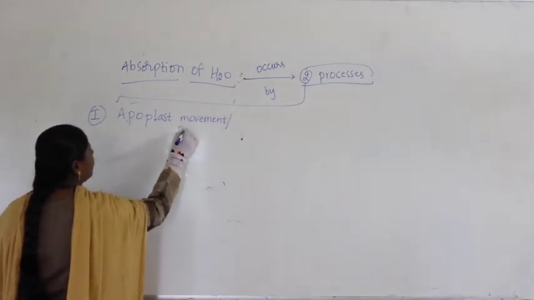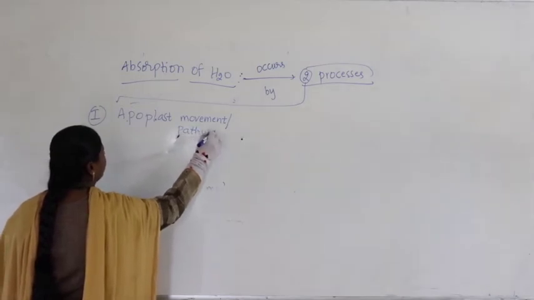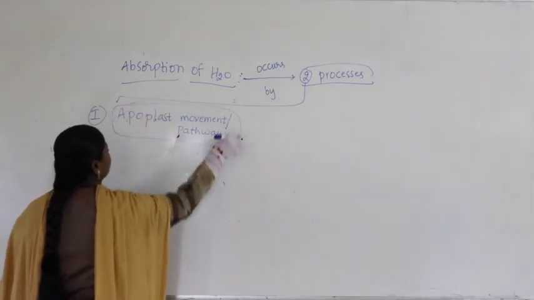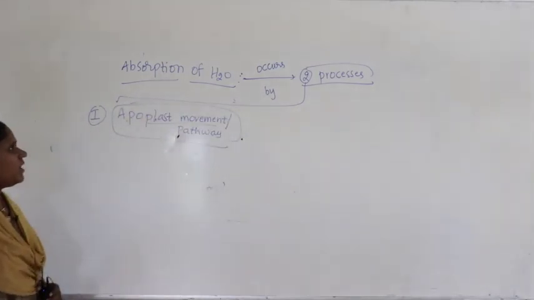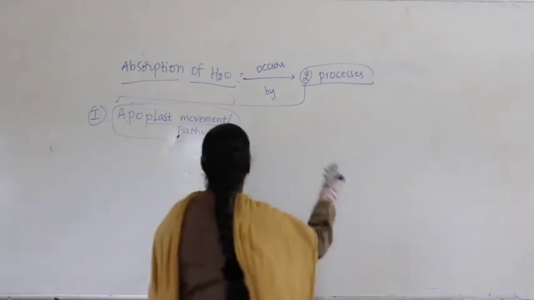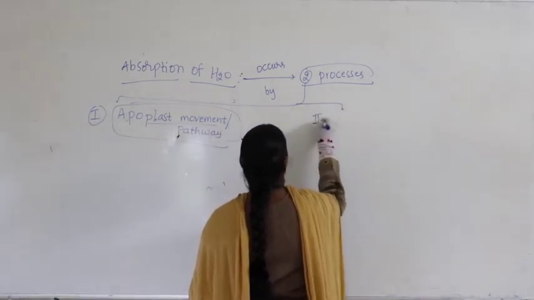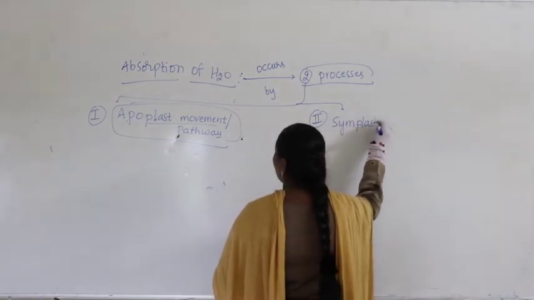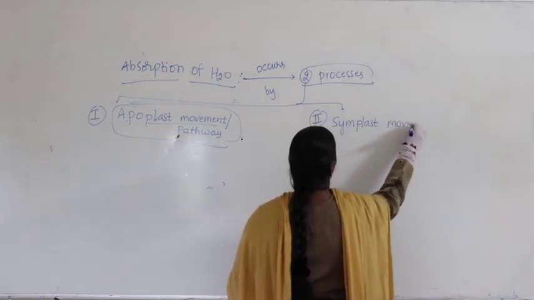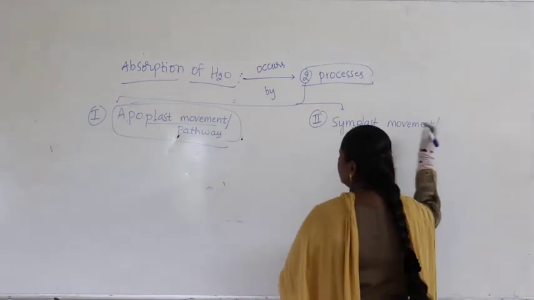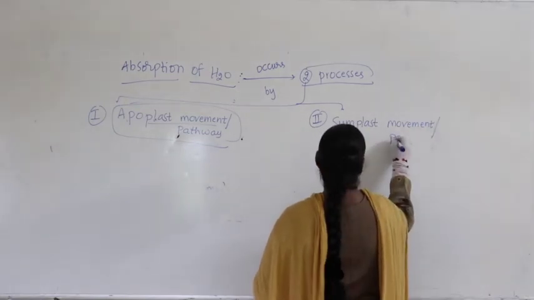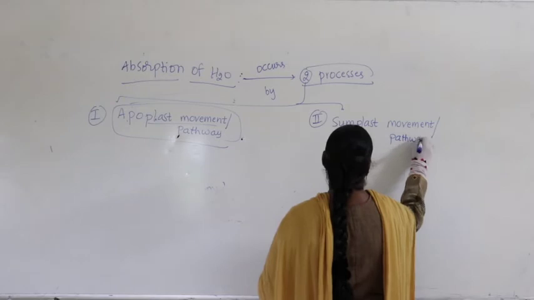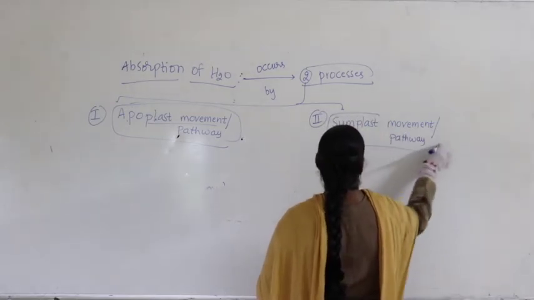This is the first pathway, and the second one is referred to as symplast movement, also called the symplast pathway or symplast transport.